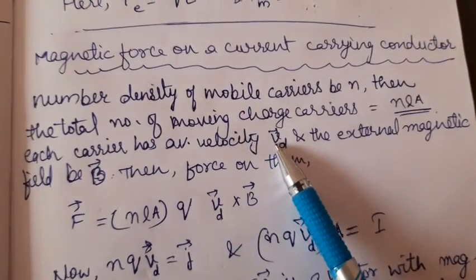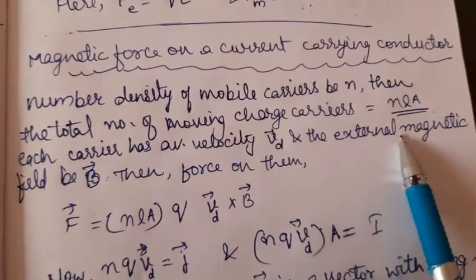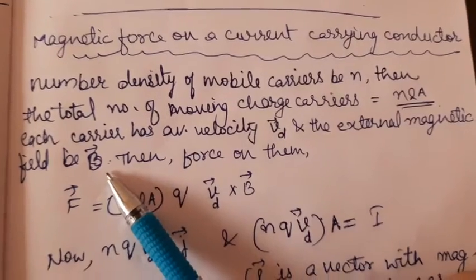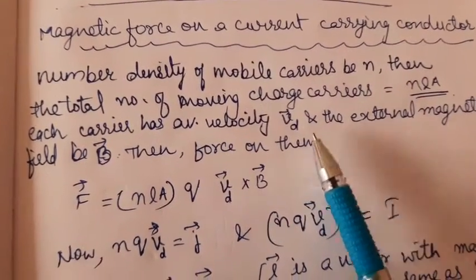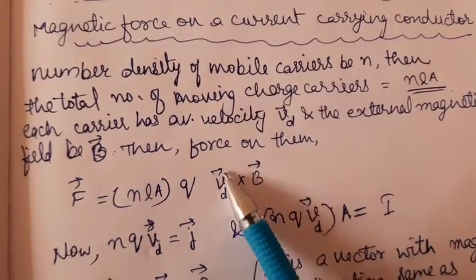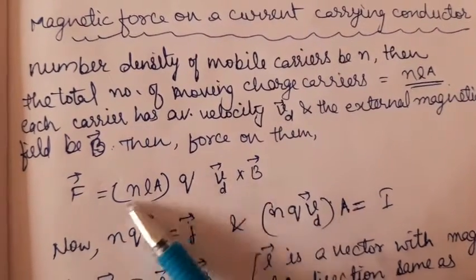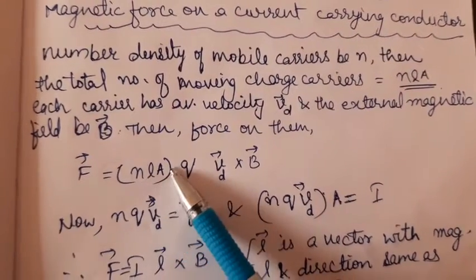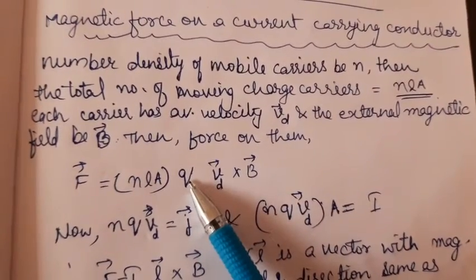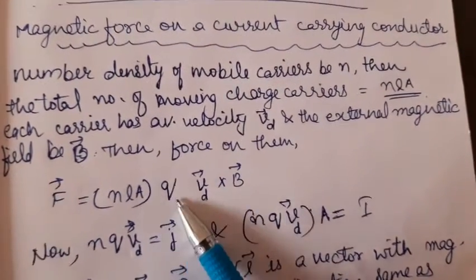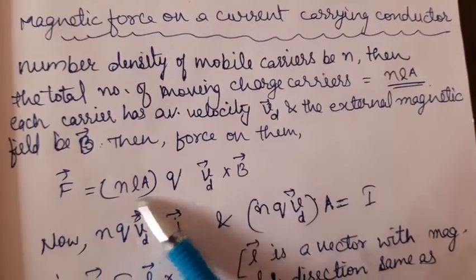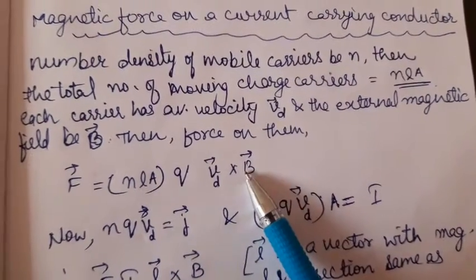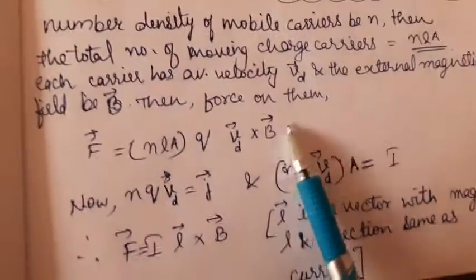So the average velocity of each charge carrier is vector Vd, the drift velocity, and let the external magnetic field be vector B. Then, according to the Lorentz force, the force acting on a moving charge due to a magnetic field is Q into V cross B. Here there are nLA carriers, each of charge Q. So the total force on all will be the number multiplied by the force on one charge, Q into V cross B. That will be the total force on the conductor from all the charge carriers.